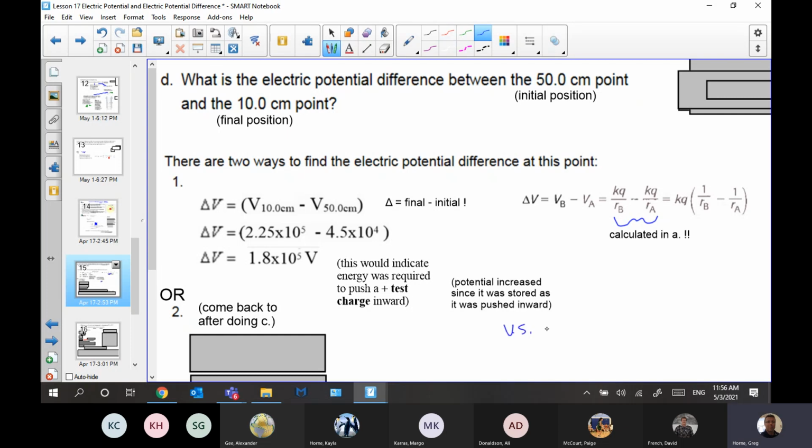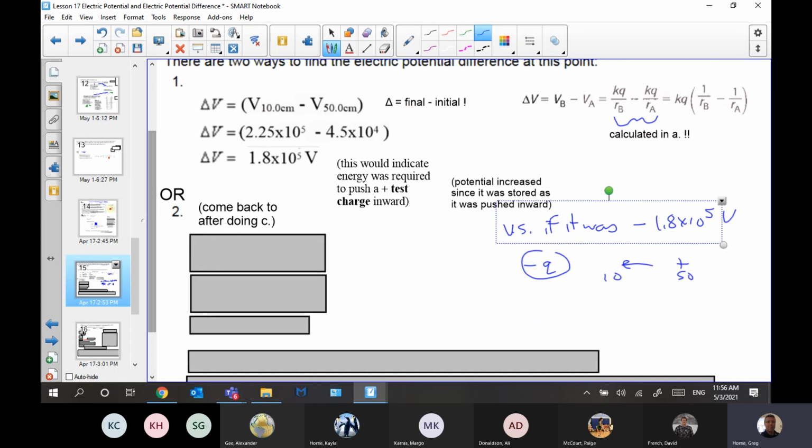Versus if it was minus 1.8, that would be if we had a negative Q situation. So in a negative Q situation, a positive going from 50 into 10, you can tell you'd have to try and stop it, right? And obviously, energy would be released to kinetic because it would attract.